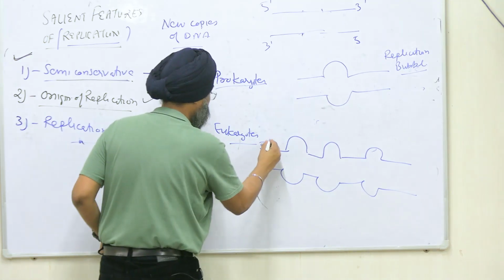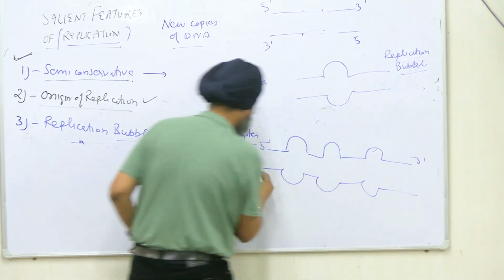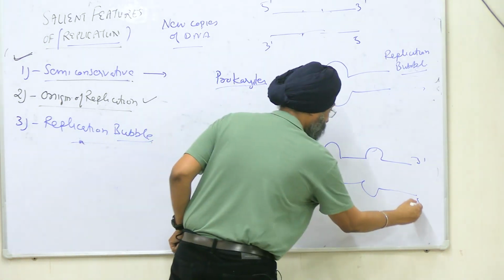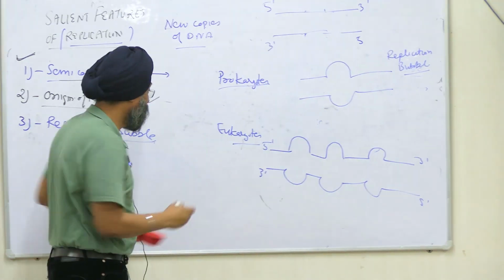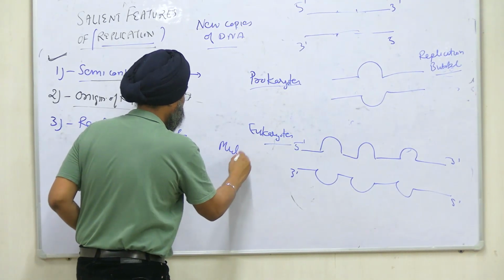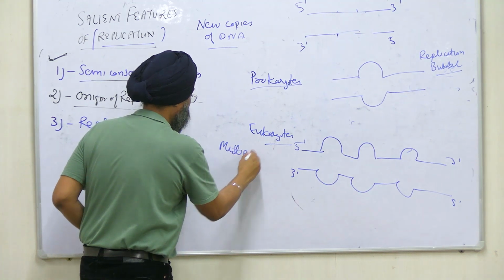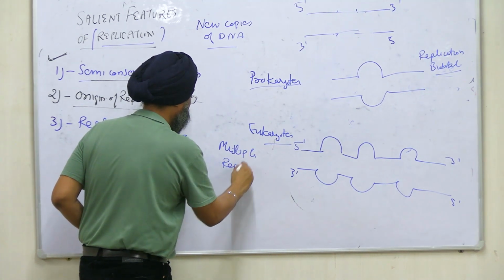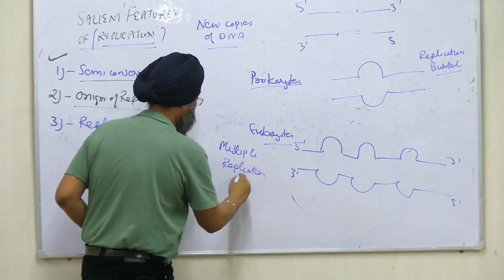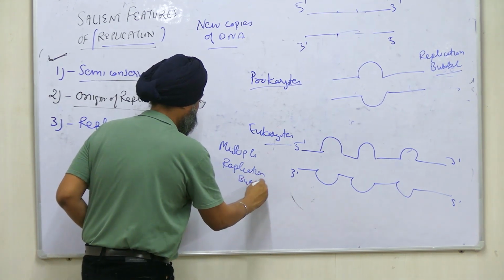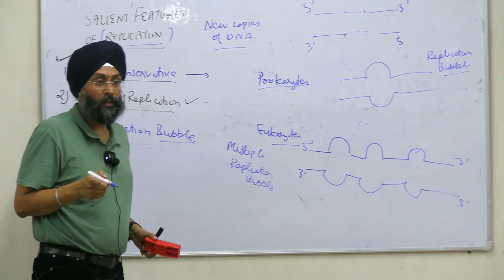Five prime to 3 prime and 3 prime to 5 prime, so there are multiple replication bubbles. Clear to all of you or not?